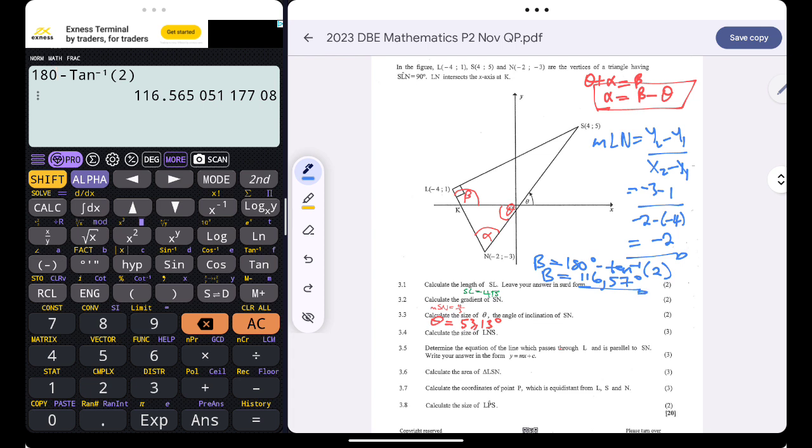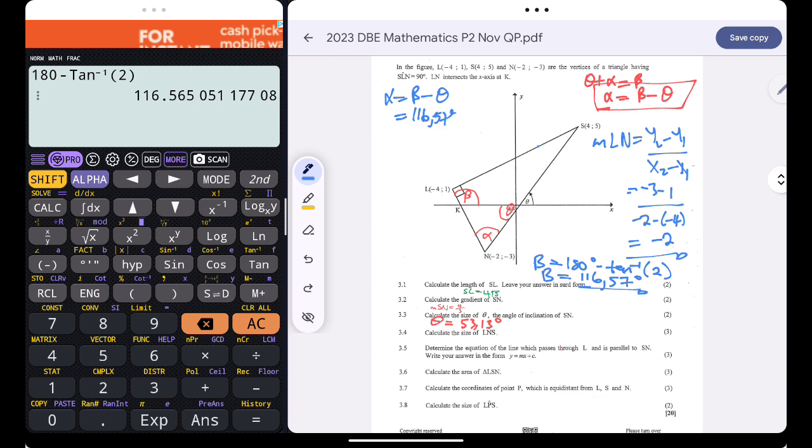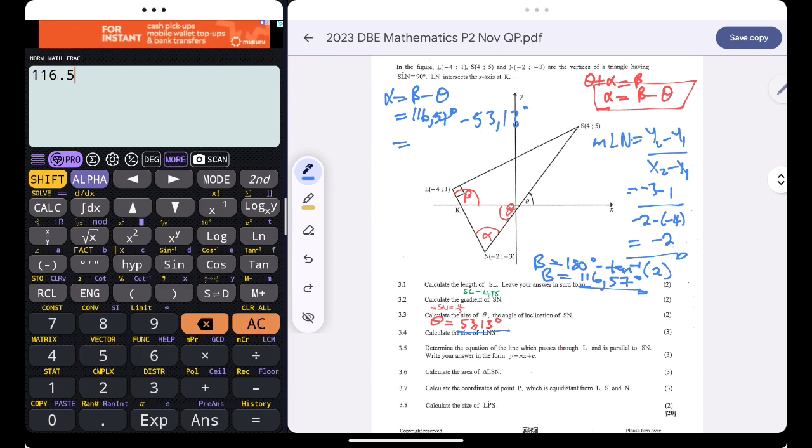So for me to find alpha, I'll simply say alpha is equal to beta minus theta. This is 116.57 minus, we found the value of theta to be 53.13. So I'll simply say 116.57 minus 53.13.